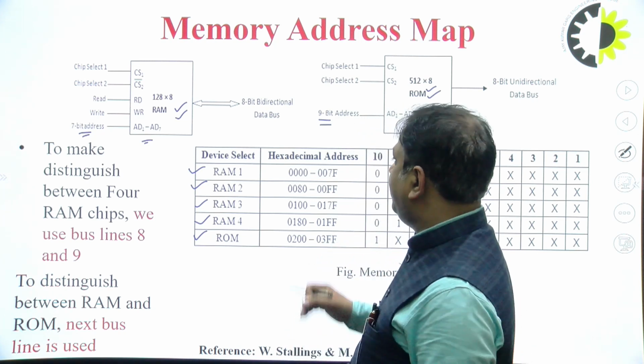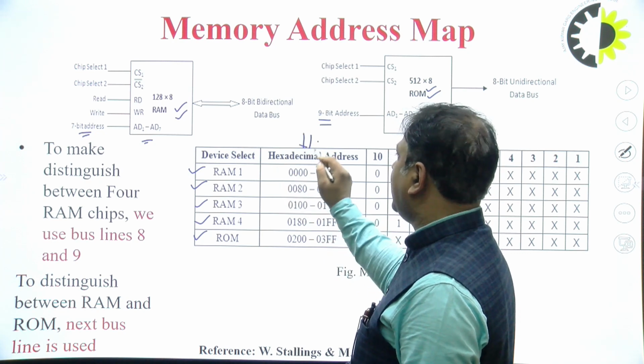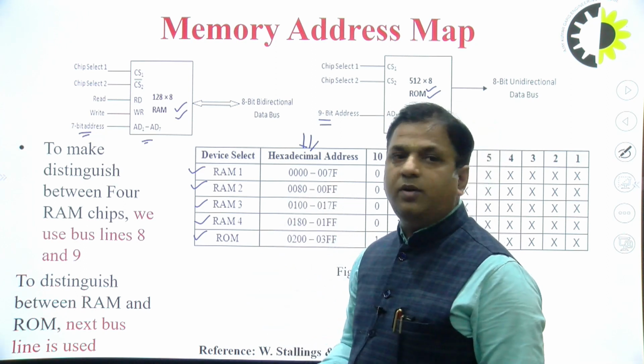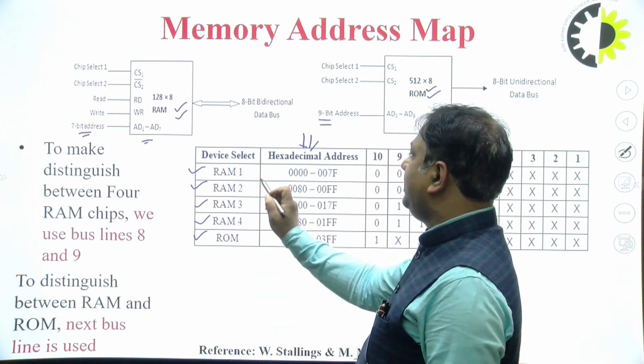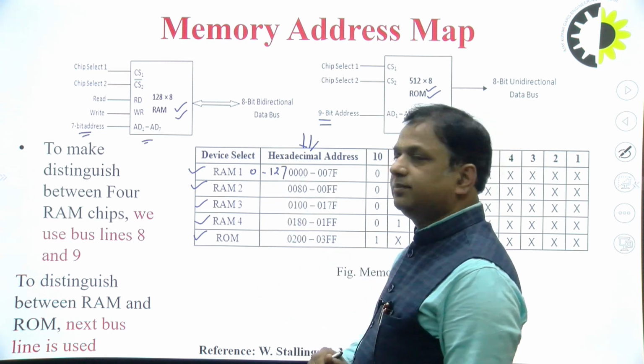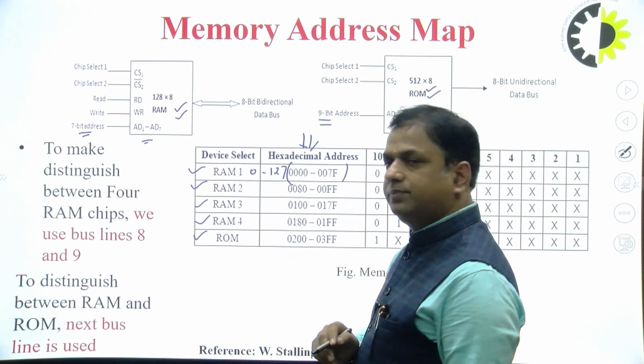So the first RAM will contain the addresses, which are available in hexadecimal form, but we can also compute them in decimal form. RAM 1 will have the addresses from 0 to 127, which can be converted into hexadecimal form.